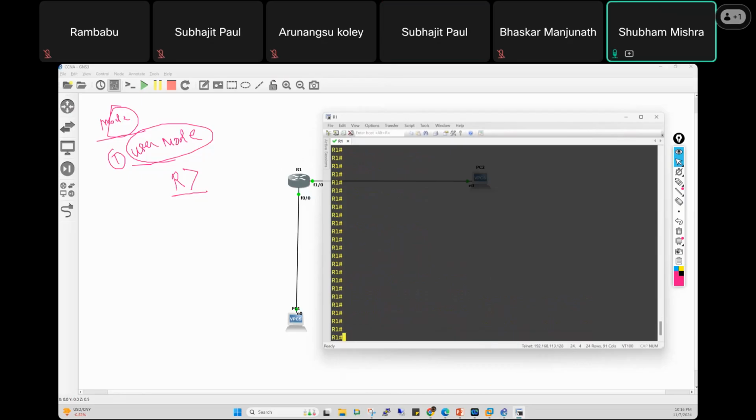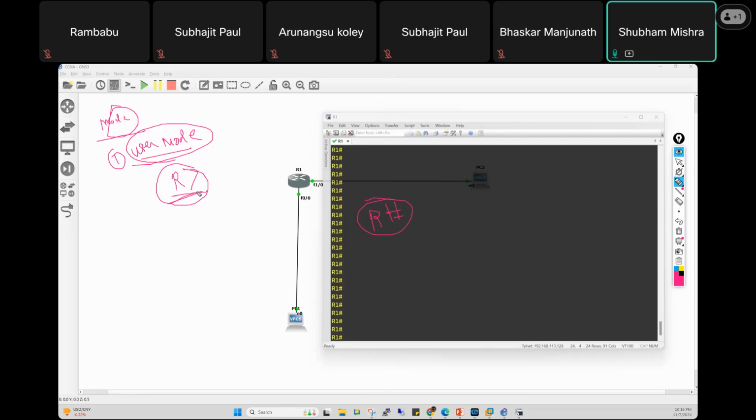But for your information, if you write exit here, you will move directly to user mode, and user mode looks like this. Right now we are in which mode, guys? Privilege mode. That's the reason it looks like this. Getting my point, everyone?